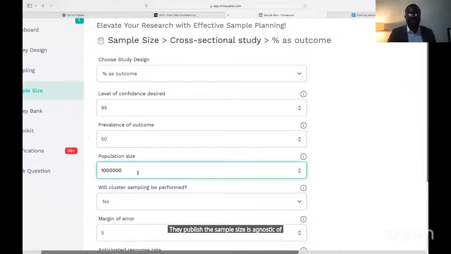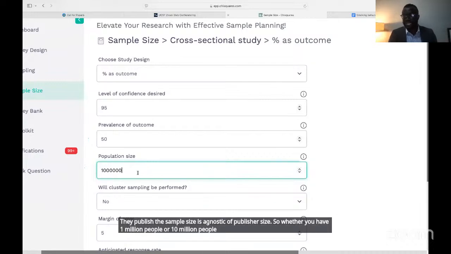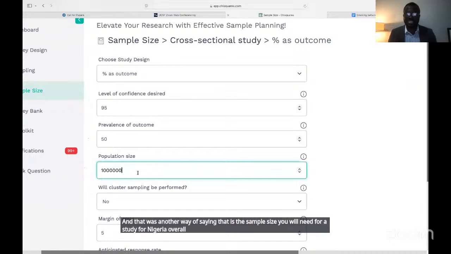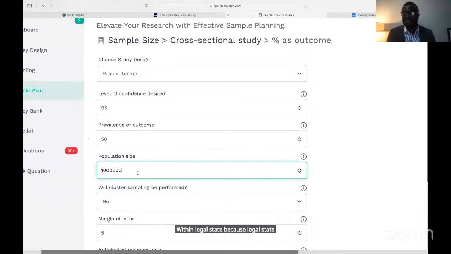So whether you have 1 million people or 10 million people, the sample size will still be the same. In other words, the sample size you will need for a study for Nigeria overall is the same sample size you will need for Lagos State, is the same sample size you will need for a local government area within Lagos State, because sample size is agnostic of population size.